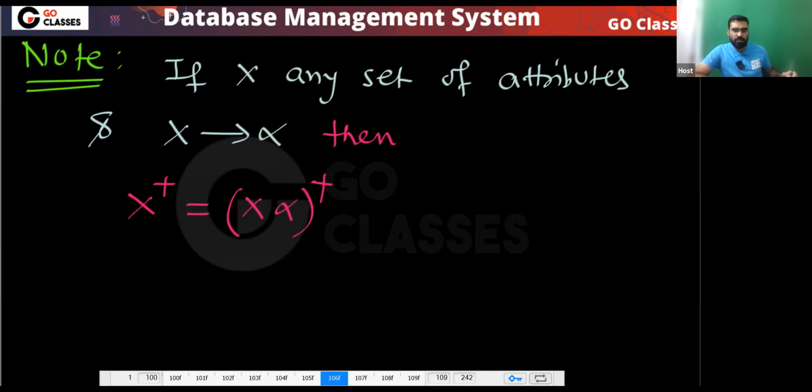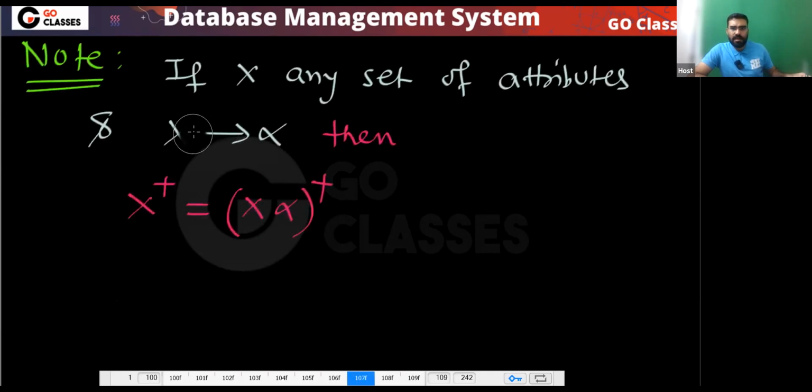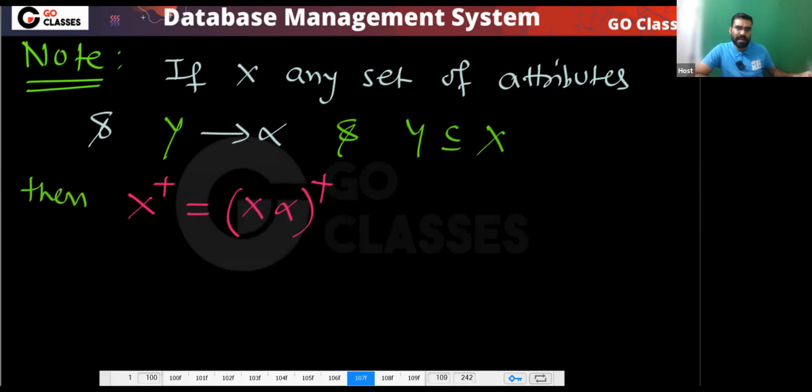What another note have we seen? Let's assume X is any set of attributes, and Y determines alpha, and Y is a subset of X. Then can we say that X plus will be same as X alpha plus?